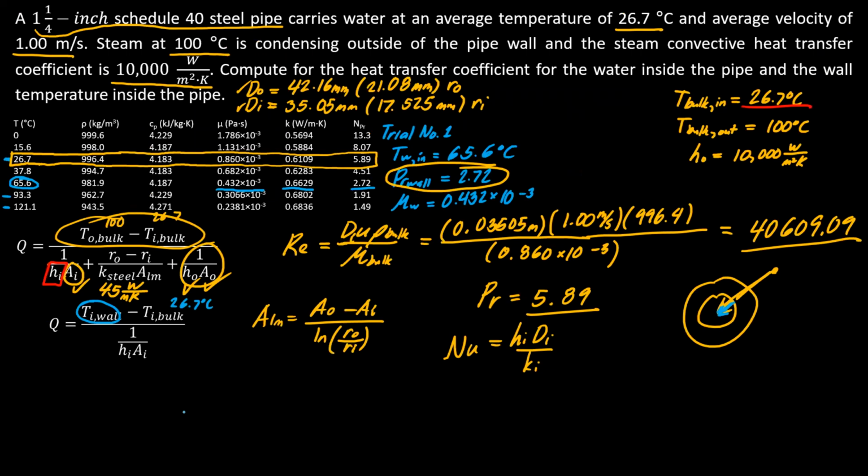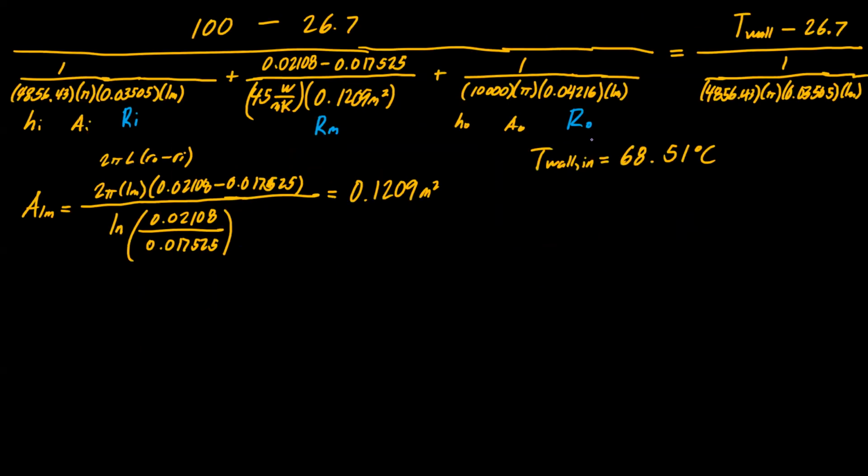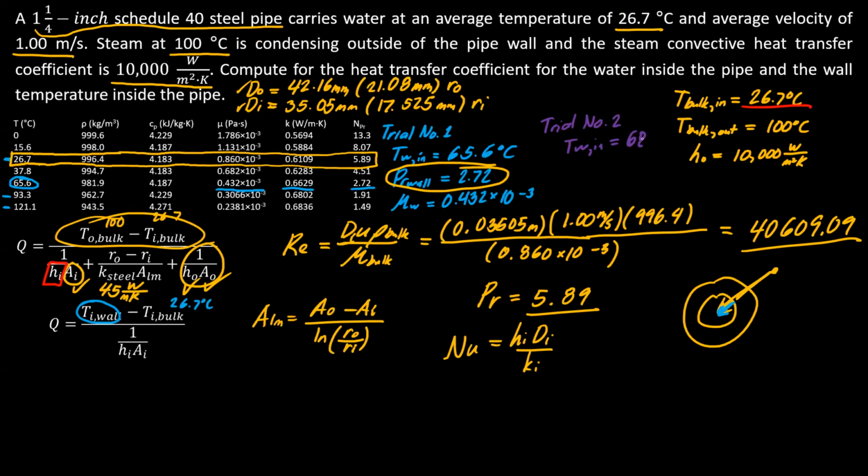Now, we have a new Prandtl's number because for our second trial, our T wall in is already 68.51. So we have a different Prandtl's number for the wall.